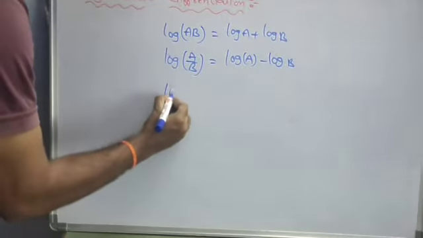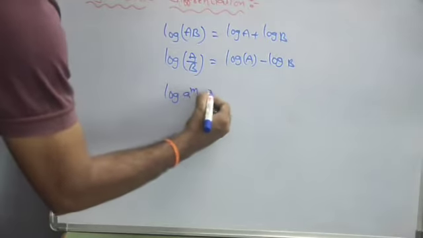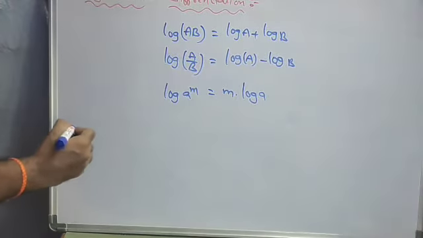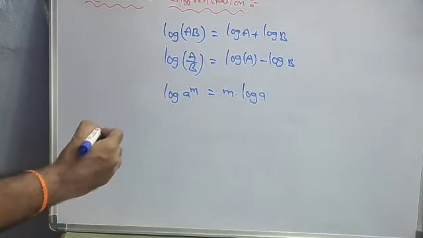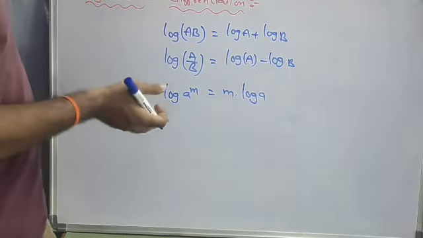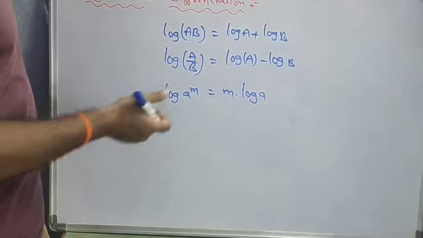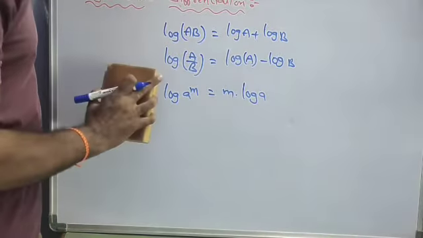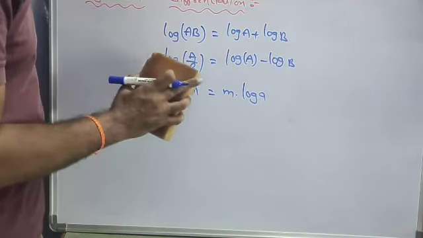Okay, so log of a power m, m into log a. Okay, so like this, we have to use the main. We are using this type of formulas and some more formulas are also there. Right, so mainly we are using this type of formulas.